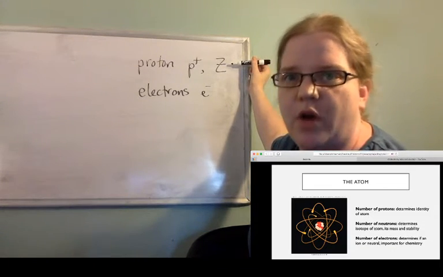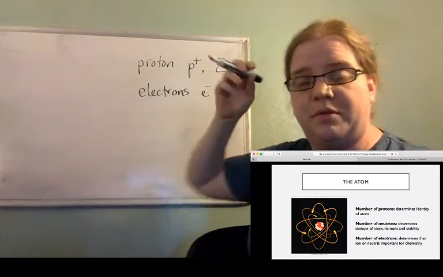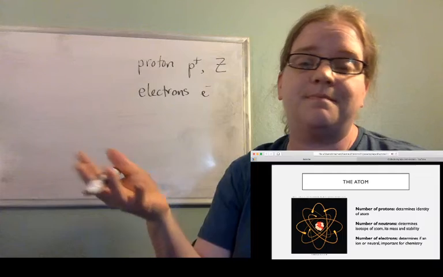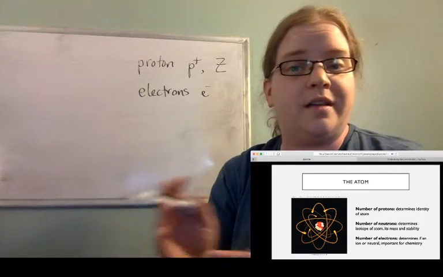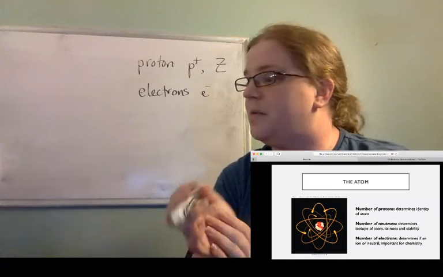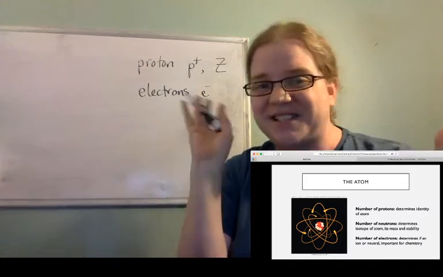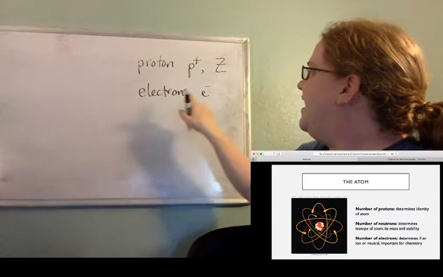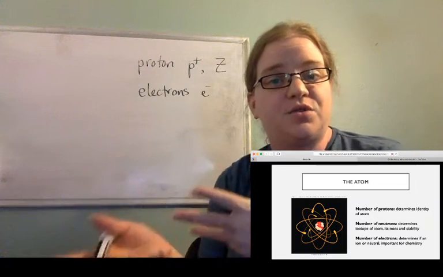The protons tell you which atom. That's why it's important to know the number. So if Z equals 1, it's hydrogen. If Z equals 5, it's boron. If Z equals 6, it's carbon, etc. The electrons will tell you whether it's neutral or an ion.